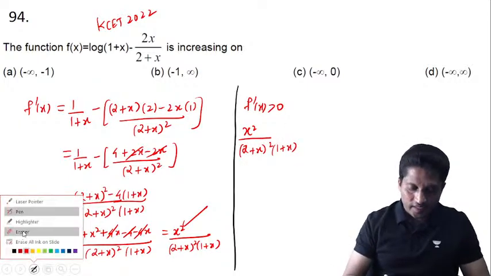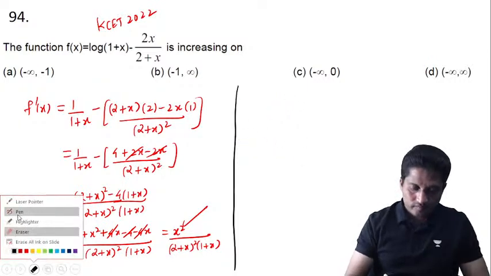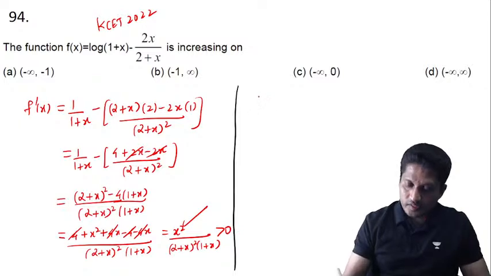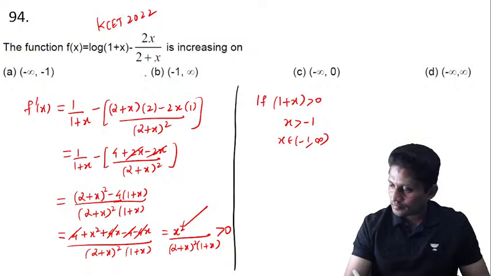Or I can directly tell that this is positive if 1 plus x is positive. That is x is greater than minus 1. That is x belongs to minus 1 comma infinity. Answer is option B.